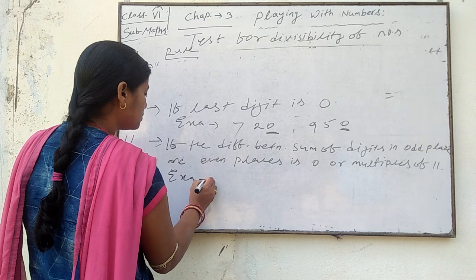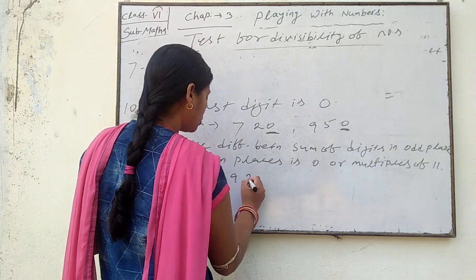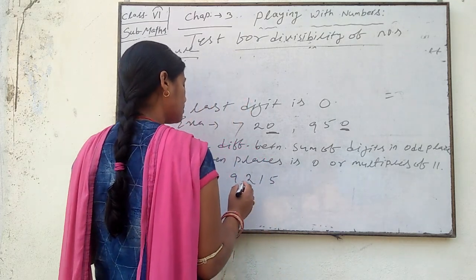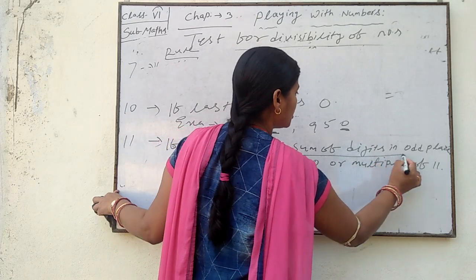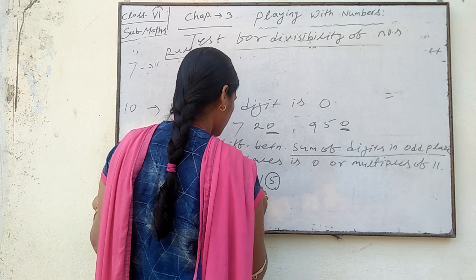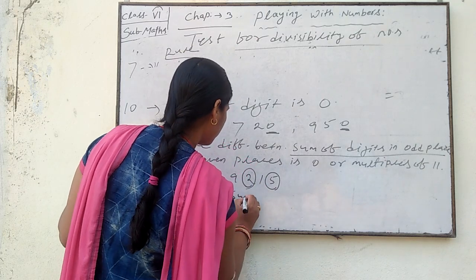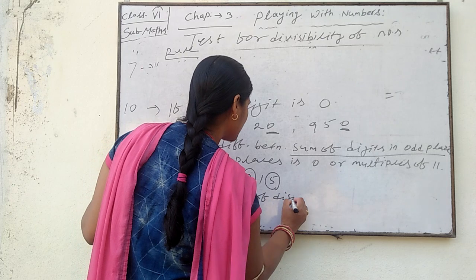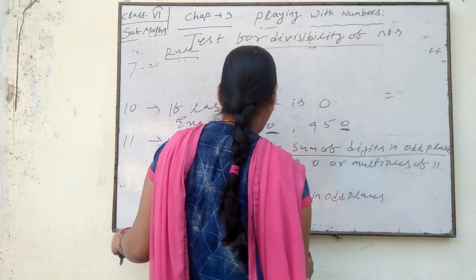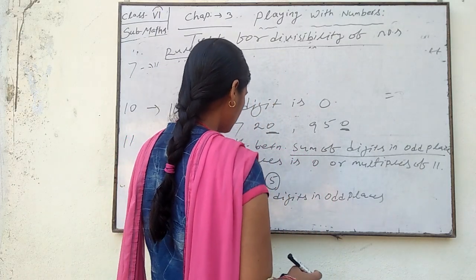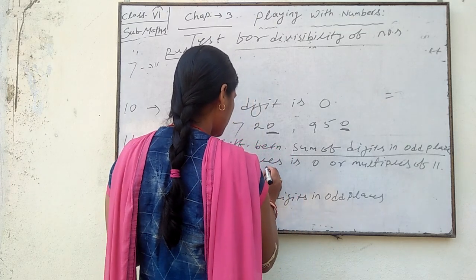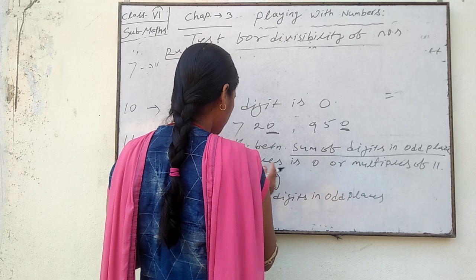One example: suppose 9215. Sum of digits in odd places. Odd places means alternate places; we will add them. First place, second place, third, fourth, in this way.